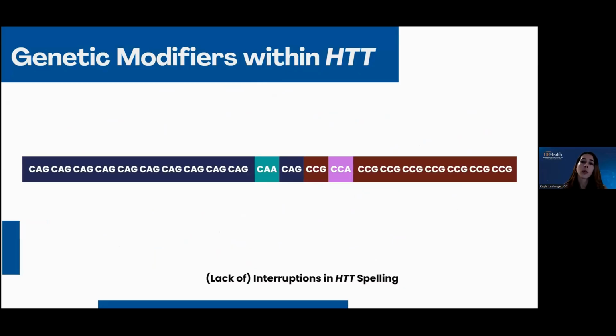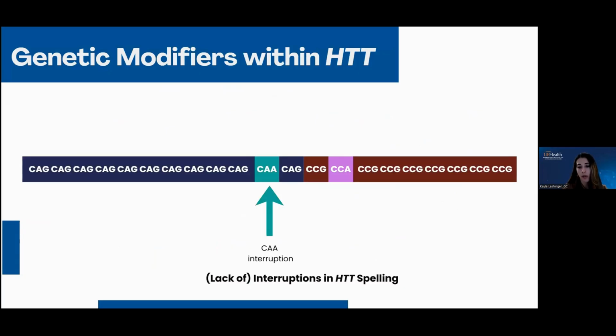So to start with those genetic modifiers within the HTT gene, we know that there is more to that gene than just the CAG repeats. The majority of people, 95%, right before their last CAG, have this CAA interruption.